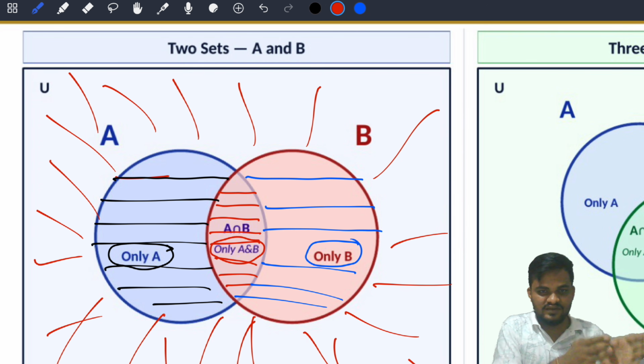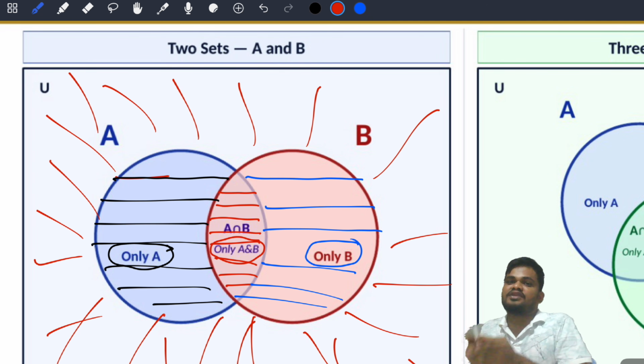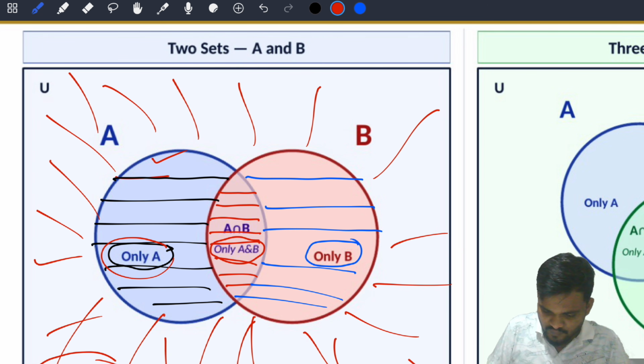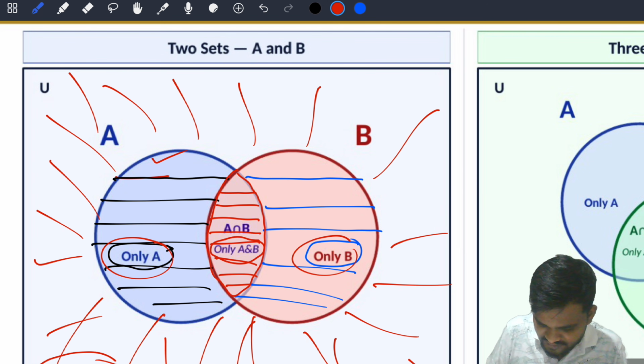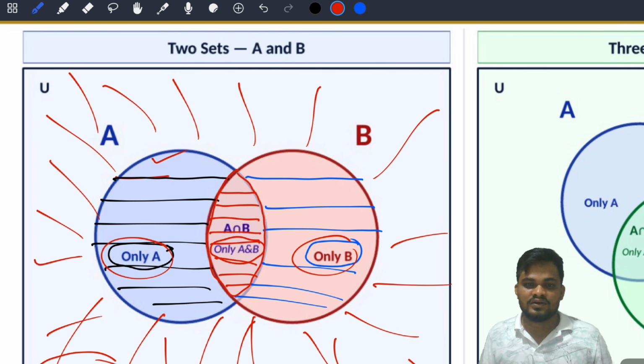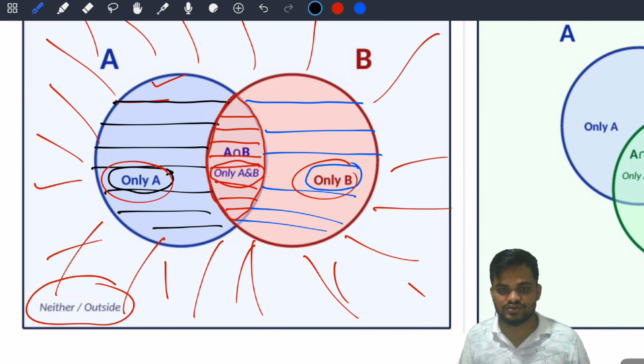That means total set minus A minus B plus the intersection. So outside is neither, this region is only A, this region is only B, and whatever is in the intersection are those elements which are present in both A and B. So this thing you need to understand.